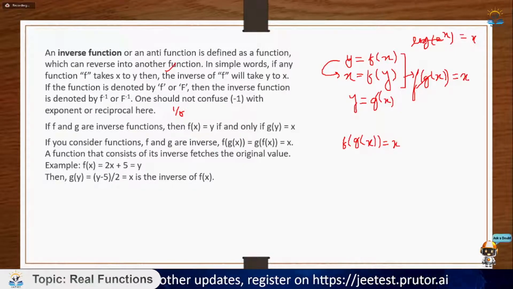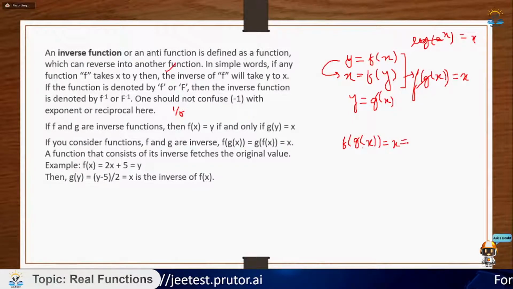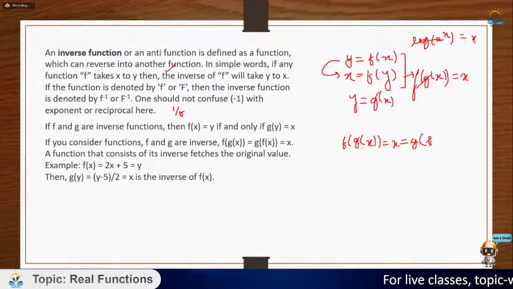So always remember the composition of two functions which are inverse of each other will give you your answer as x. So if it is f of g of x or g of f of x, both will give you x only.